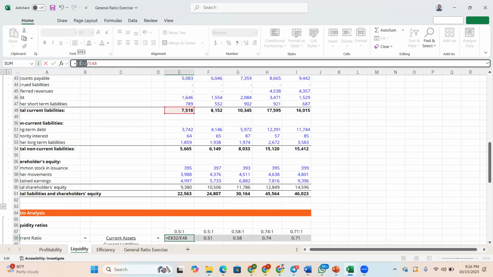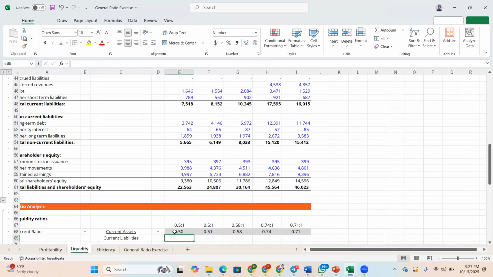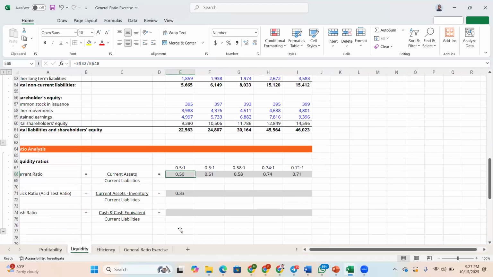Then we'll do the same thing: press F4 for your 48, which is the current liability. Now it's showing before E, but we don't want it on E. We only want it on the 48. So now you press enter. It's still 0.5.